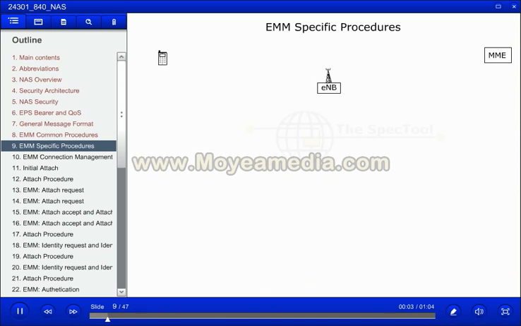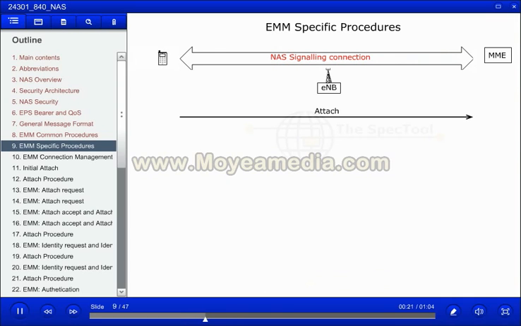EMM-specific procedures. The attach procedure initiated by the UE is used to attach the IMSI in the network for services and to establish an EMM context and a default bearer. When an EMM context has been established, the UE-initiated tracking area update procedure can be used for normal or combined or periodic tracking area updates.